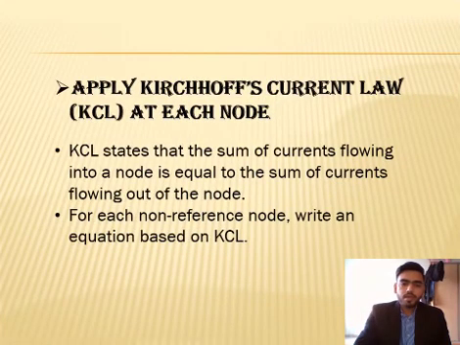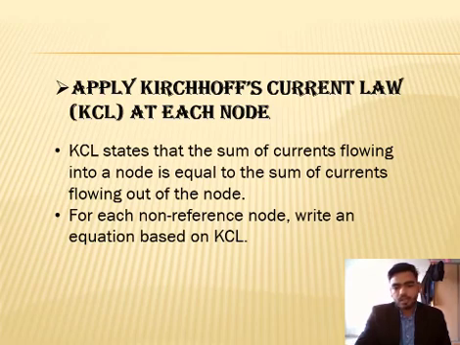Apply Kirchhoff's current law, KCL, at each node. KCL states that the sum of currents flowing into a node is equal to the sum of currents flowing out of the node. For each non-reference node, write an equation based on KCL.